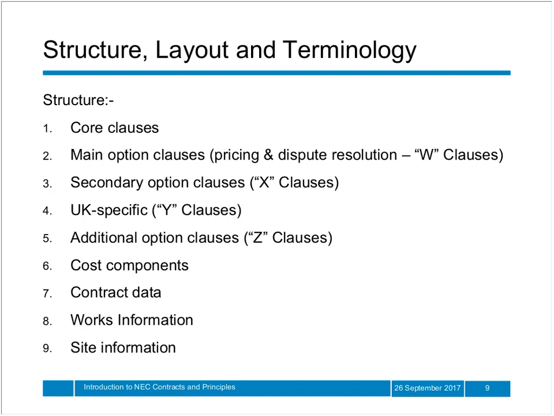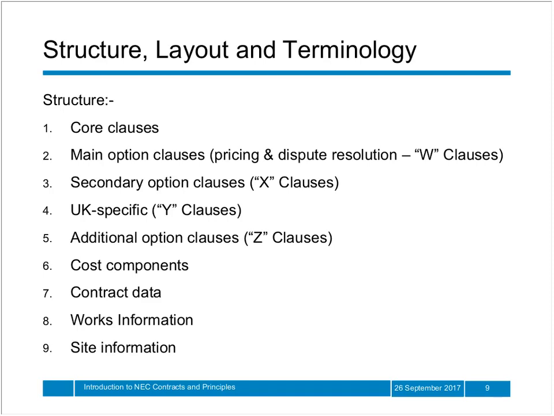As those familiar with NEC will know, the contract is made up of core clauses and then main, secondary and additional option clauses, with the cost component and contract data at the end. The core clauses cover the main terms and conditions and are the same across all of the contracts regardless of the primary and secondary options selected.